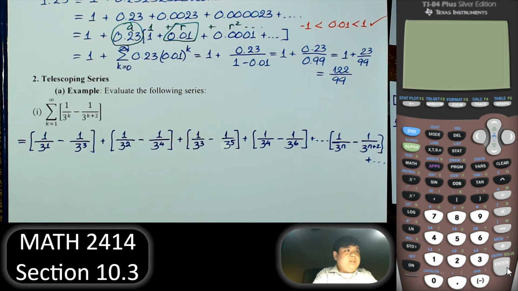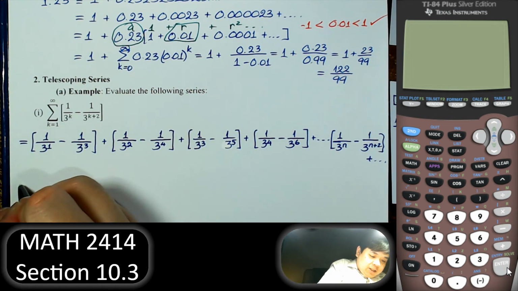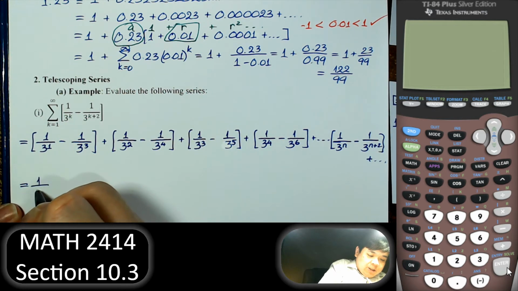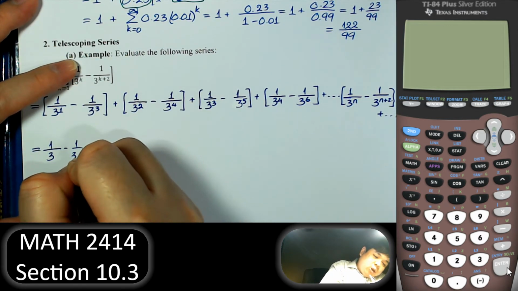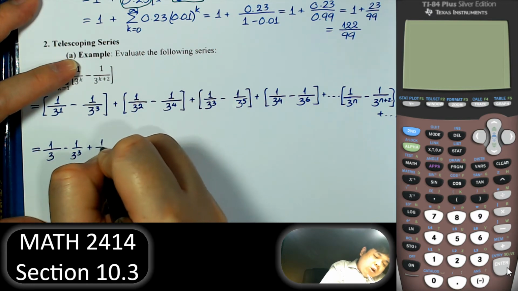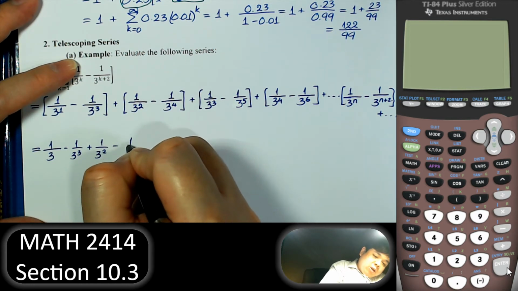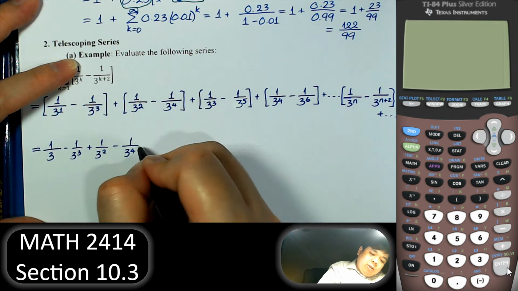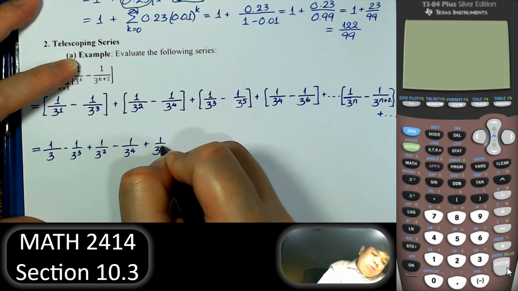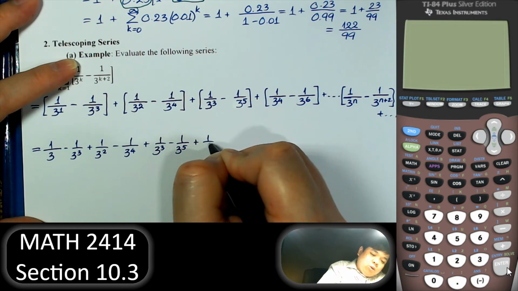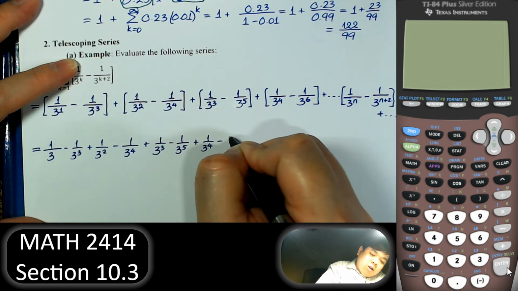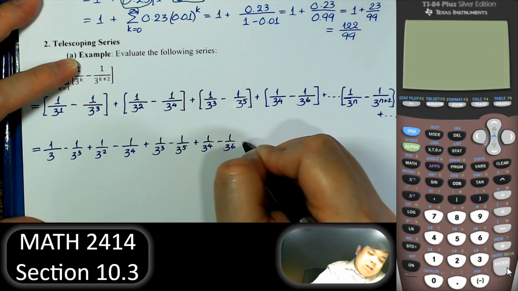Right. Now let's write out 1 over 3 minus 1 over 3 cubed, plus 1 over 3 squared minus 1 over 3 to the 4th, plus 1 over 3 cubed minus 1 over 3 to the 5th, plus 1 over 3 to the 4th minus 1 over 3 to the 6th.